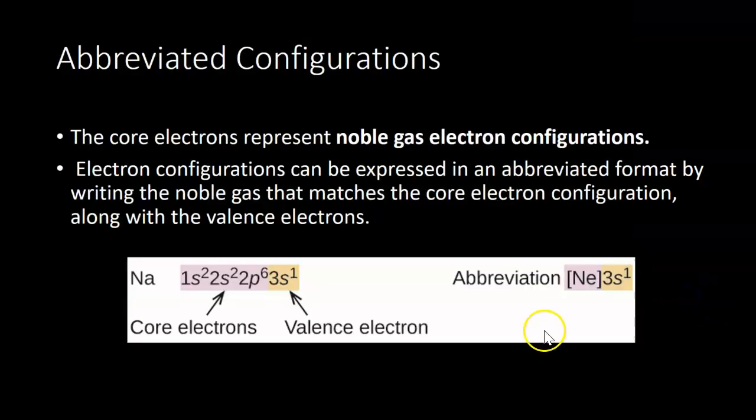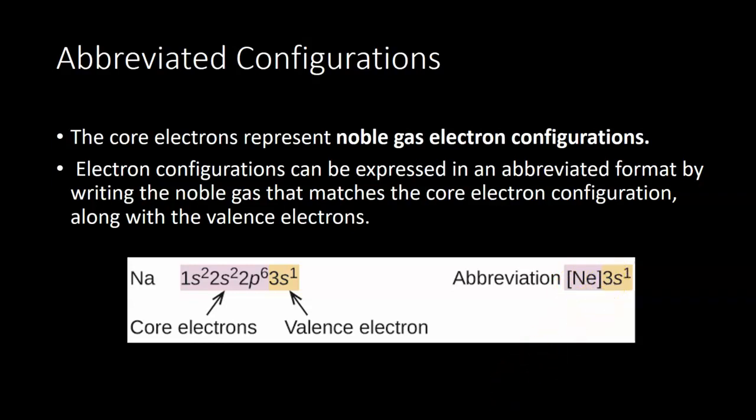The core electron configuration can be represented by a noble gas. The previous noble gas on the periodic table is used to represent a core electron configuration in an abbreviated electron configuration. So the abbreviated electron configuration for sodium would look like this: we would just write neon in parentheses and then 3s1.